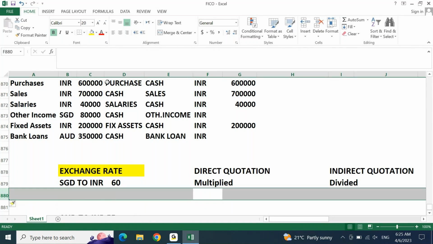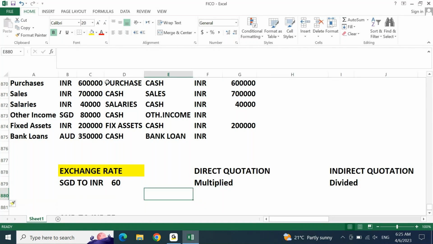When you talk about updating the exchange rate, we have to update it always as a pair, not as a single line. You have to update for both pairs. Now, how many lines do we have to update in SAP? First, you put SGD to INR.